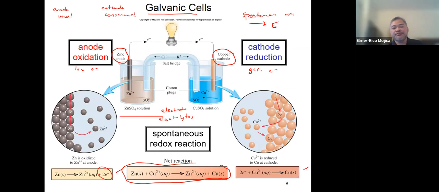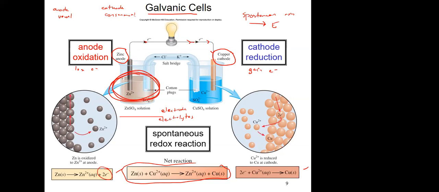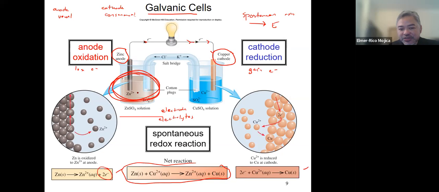Okay, now, if this is where oxidation takes place, so that means they lost electron, right? So if they lost electron, what is the charge that you have here? Positive. What we call the anode. So is it a positive or negative charge?